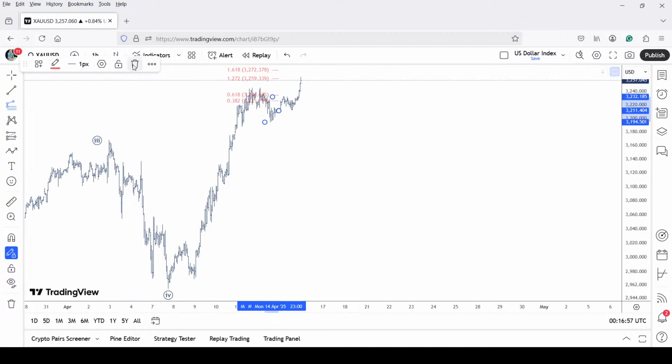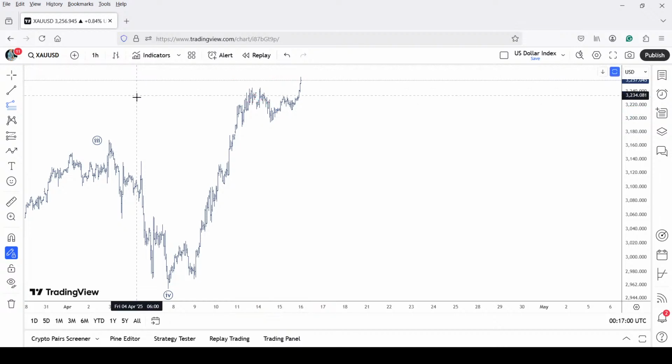So this rally could test 3275 and another dip, and then close, and one more high towards 3280 is possible.